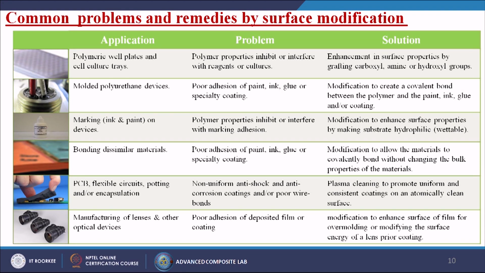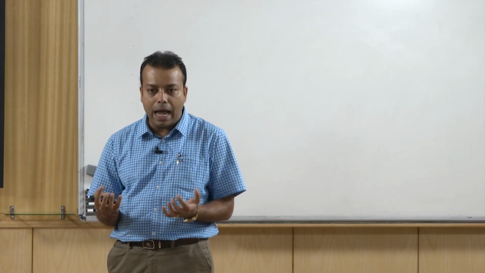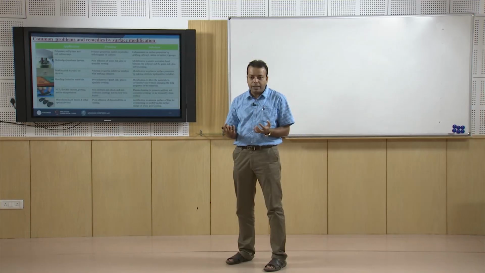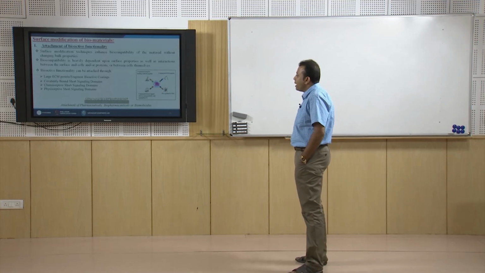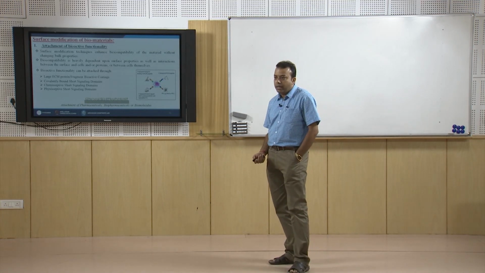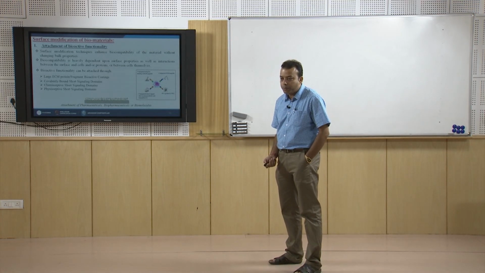We do plasma cleaning to promote uniform and consistent coating on an atomically clean surface. First we have to see the problems, then know the remedies, then do it accordingly. In the next slide we are going to discuss some of the latest techniques we generally adopt for surface modifications.